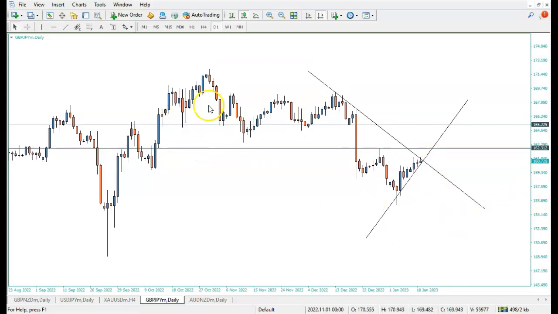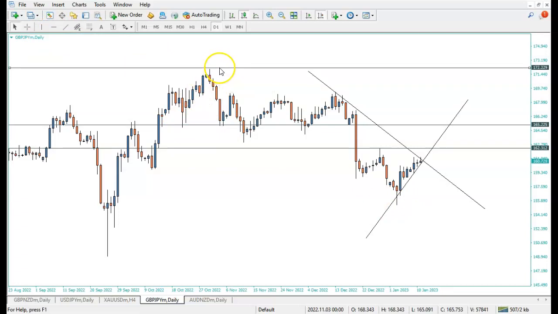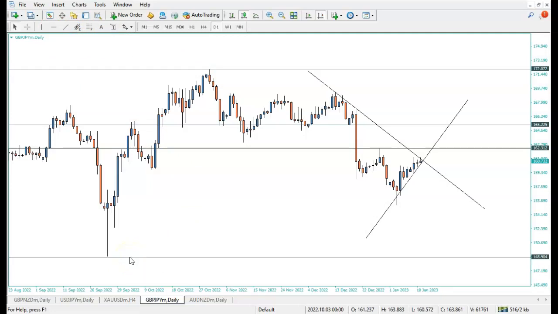So my support and resistance levels are this. This is my resistance level from the daily time frame. This is the high of the period, and this is the low of the period, okay?